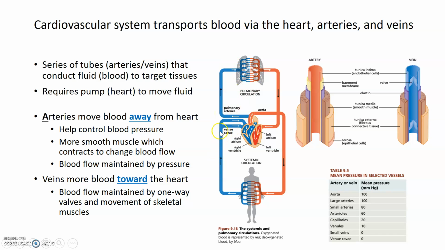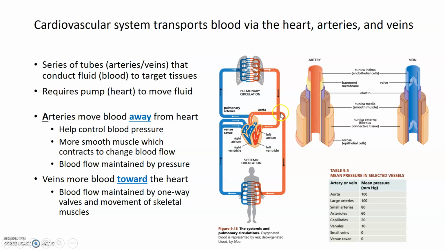Deoxygenated blood comes into the heart from the body via veins, which move towards the heart, comes into the right atrium, moves down into the right ventricle, and is pumped to the lungs to pick up oxygen. Once that blood has been oxygenated, it comes back to the heart, into the left atrium, and then is pumped out of the left ventricle to the rest of the body.